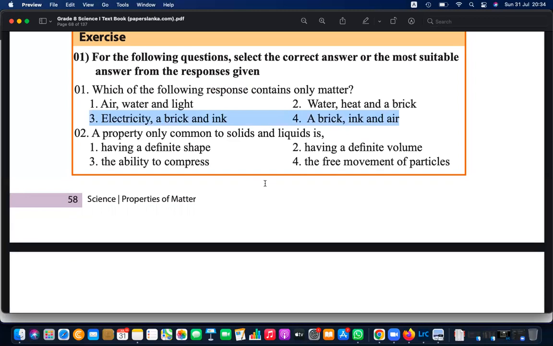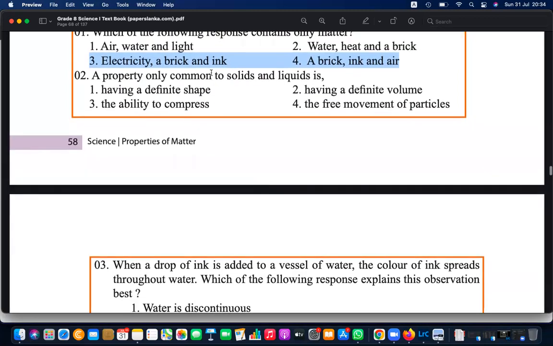A property only common to solids and liquids is, so what is the property common to solids and liquids? Having a definite volume, right? Having a definite shape? Actually, shape is not definite, because solids have a definite shape, but a liquid will take the shape of the container.